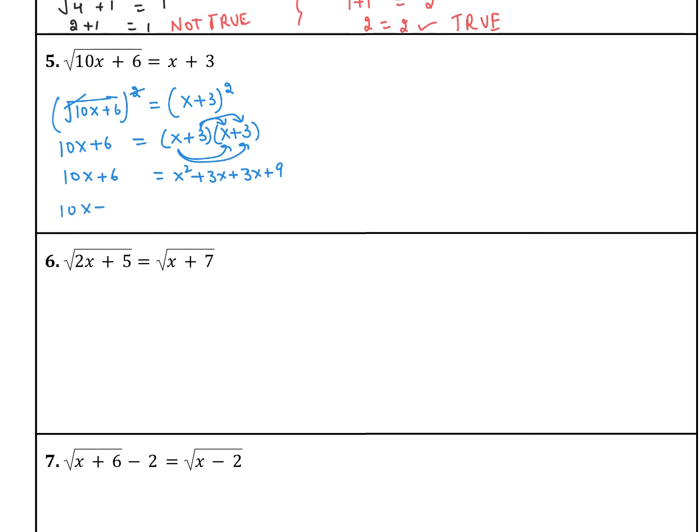So 10x plus 6 equals x squared plus 6x plus 9. Now you're going to subtract both sides by 10x and 6. So -10x and -6.